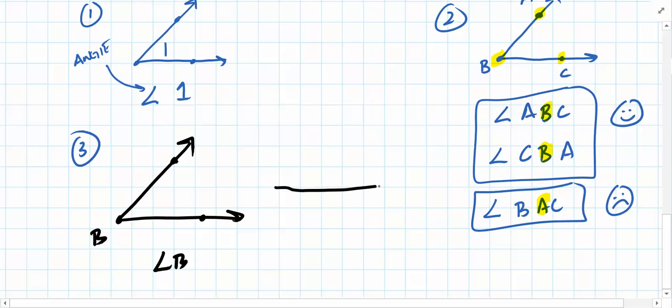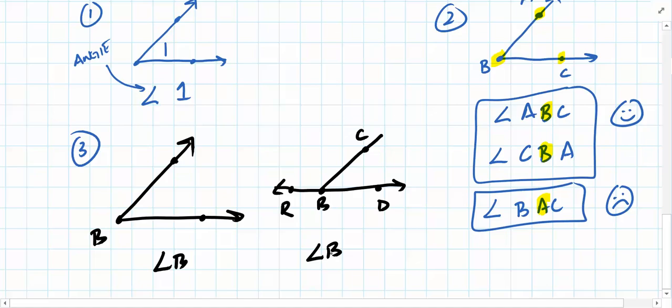This still works, angle B, like this is still considered angle B. But what if I said that this was B, and this was C, and this was D, and then this point over here was R, and I talked about angle B. Do you know which one I'm talking about? No, that's why that one doesn't necessarily work.